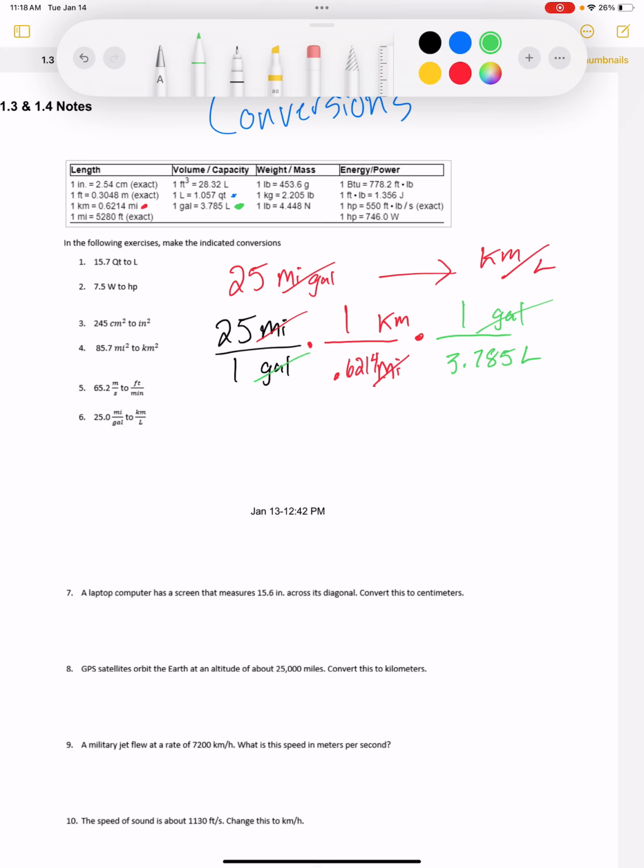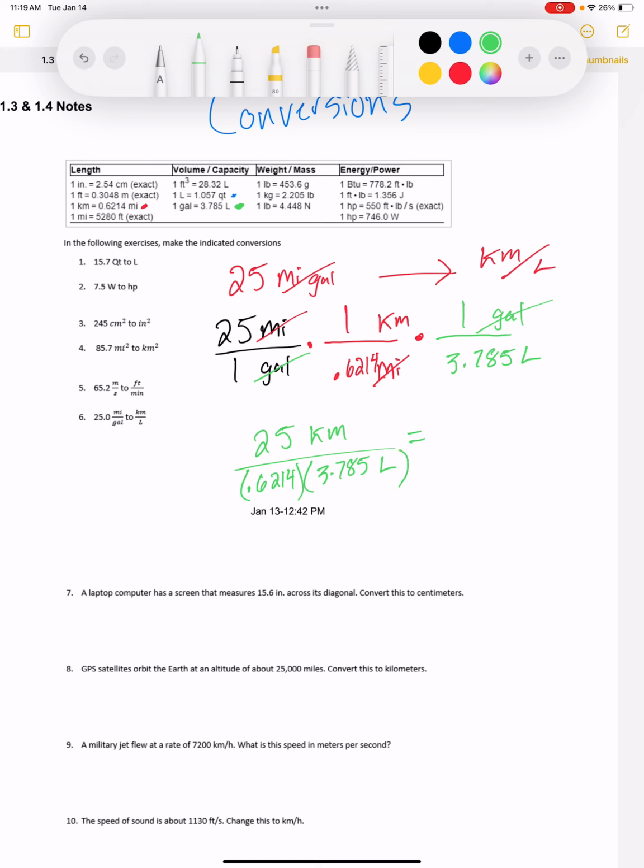The gallon cancels with this over here. Now this miles per gallon is canceled out completely, and I'm left with, in the numerator, 25 km, kilometers, right, times 1, and then I got 0.6214 in the denominator times 3.785 liters, right?